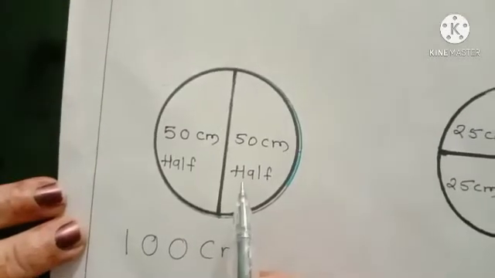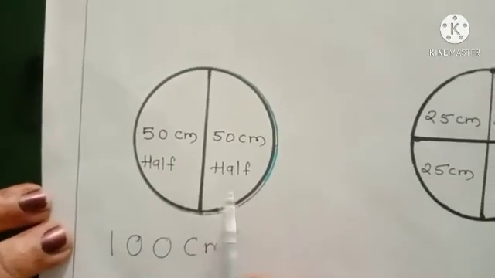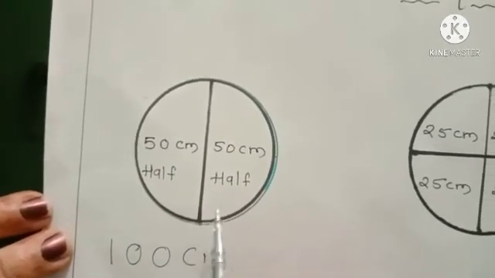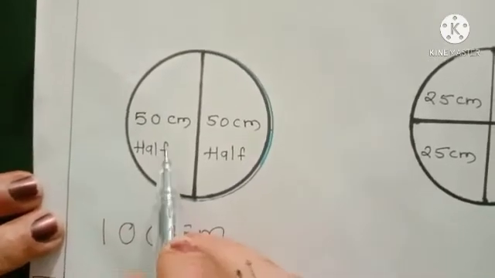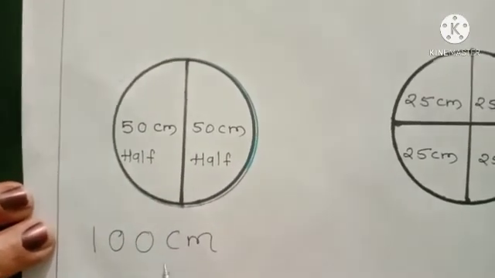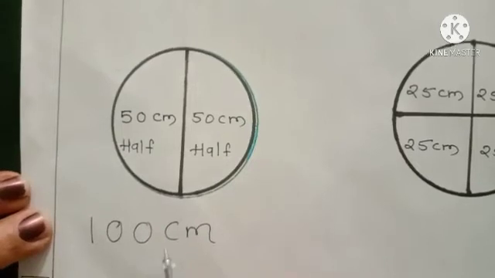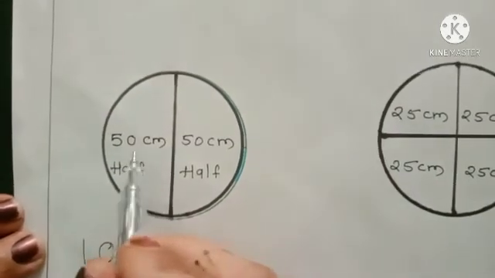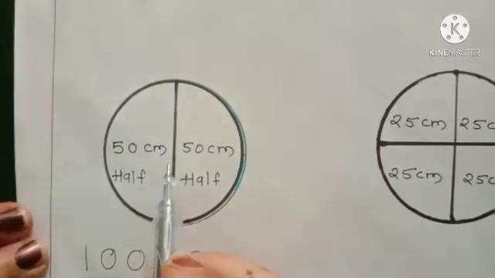You will see that in this given figure, if we distribute this equally in half, so half of 100 is 50. So this is 100 centimeter, so half of 100 centimeter is equal to 50 centimeter.